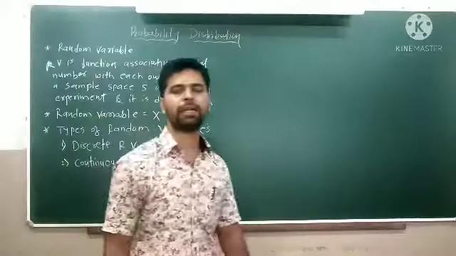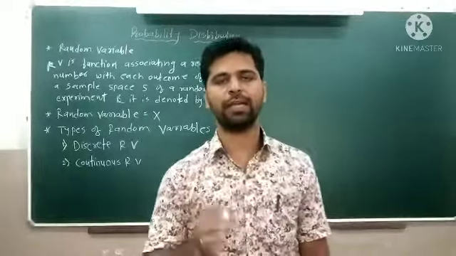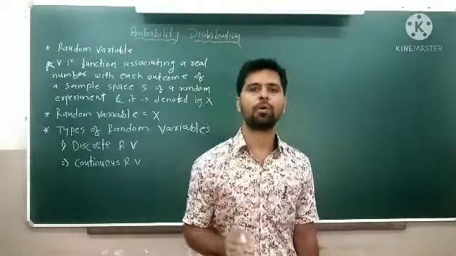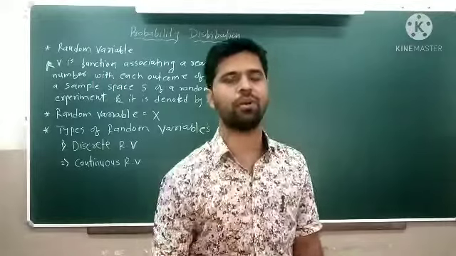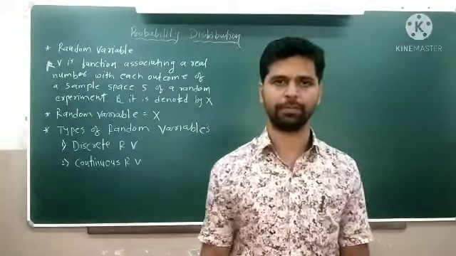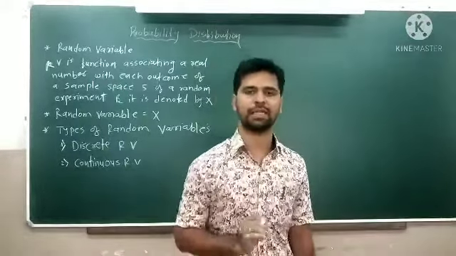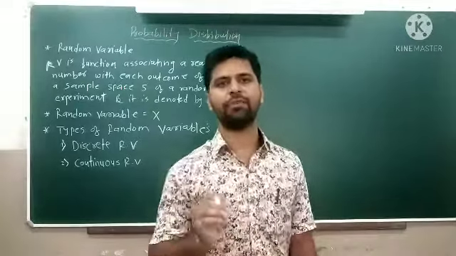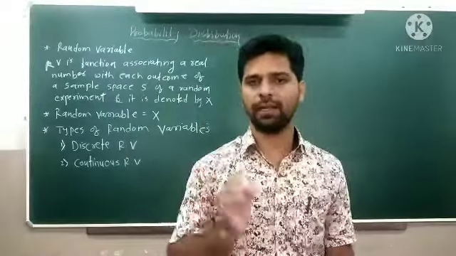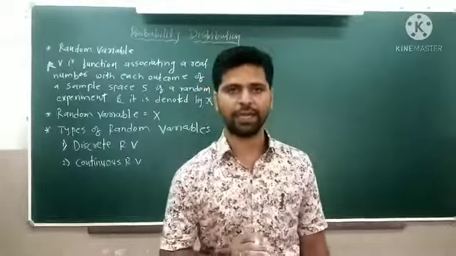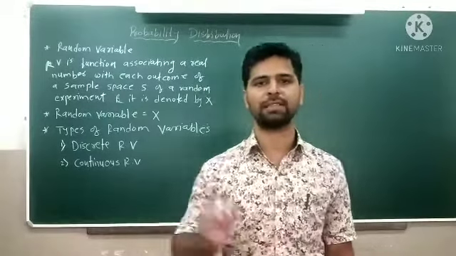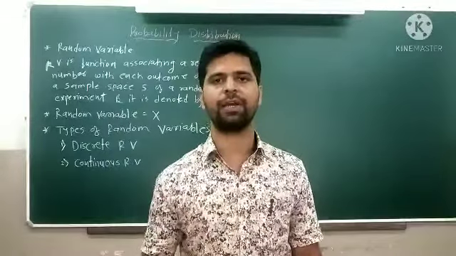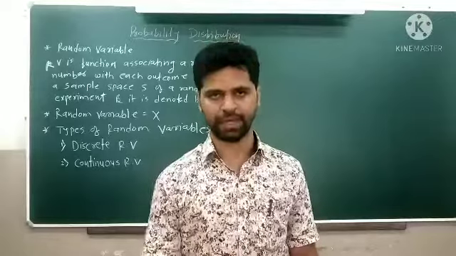A discrete random variable means the random variable in which the number of elements is finite or countable. I will revise this definition: the random variable in which the number of elements is finite or countable is called a discrete random variable.